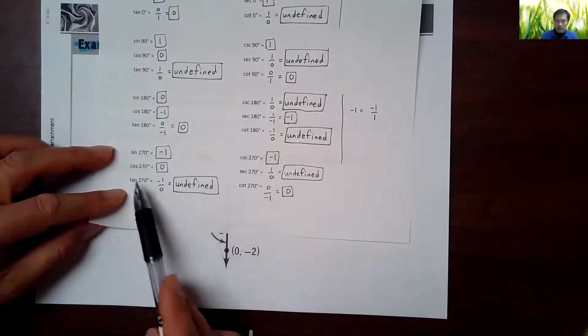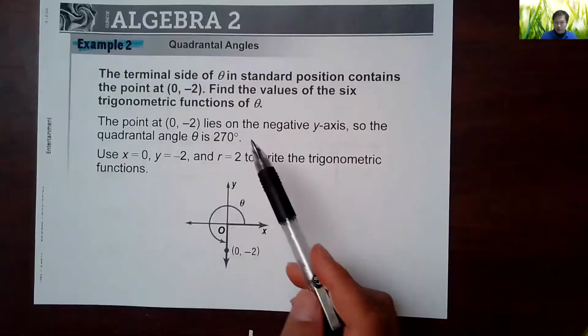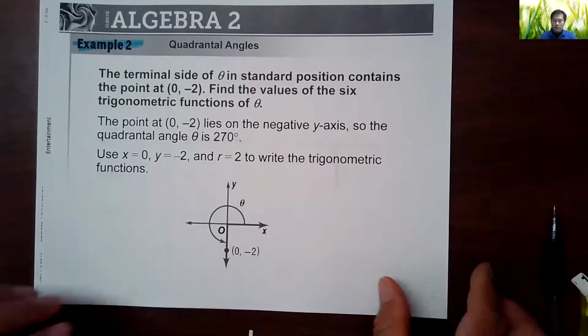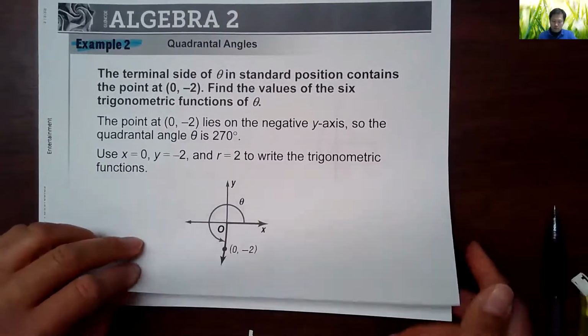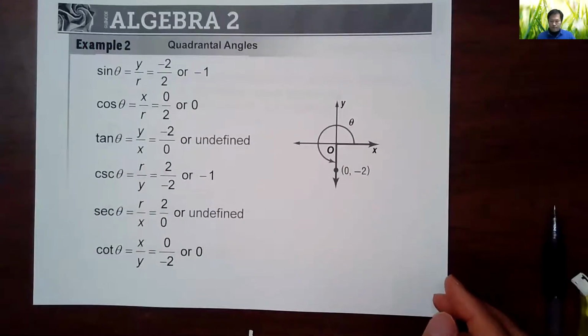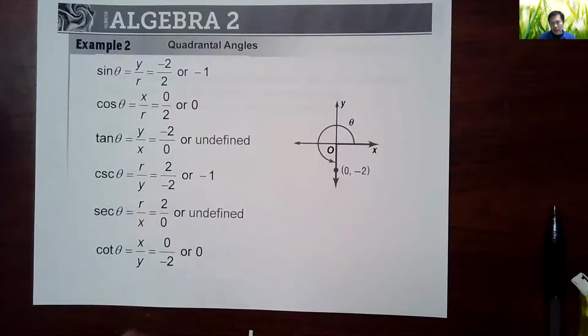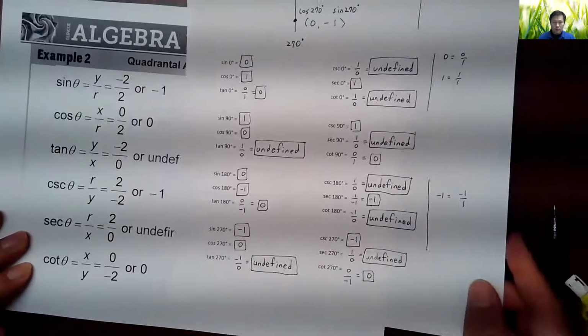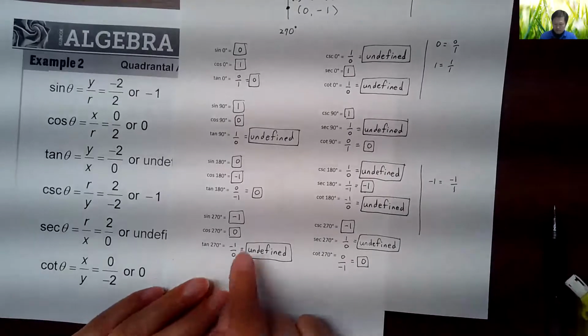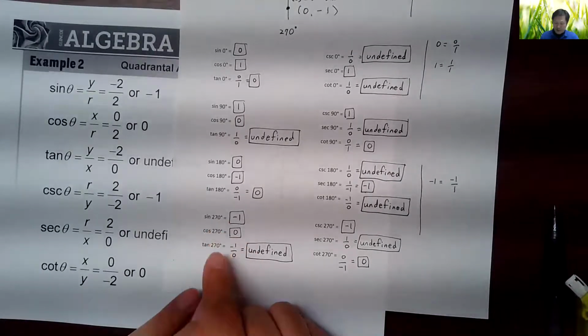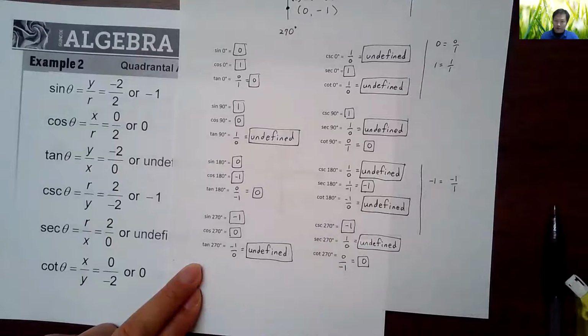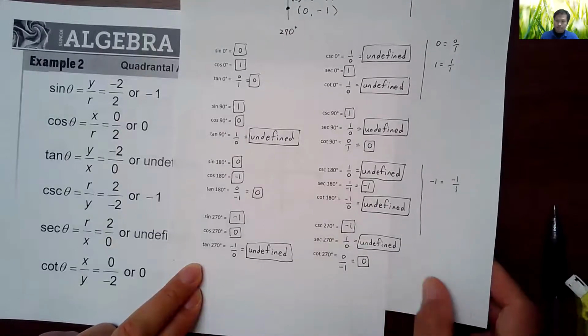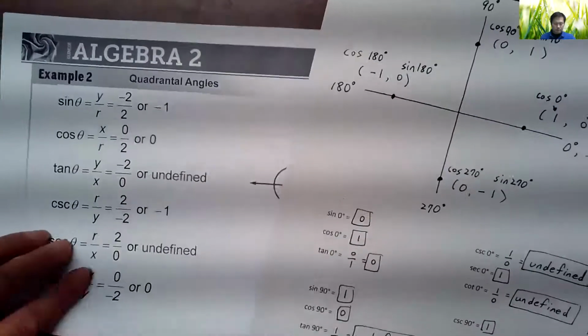That is the answer for this question. So you don't have to deal with the tool. As long as you just get the angle, 270 degree was the angle. And all answers are the same.